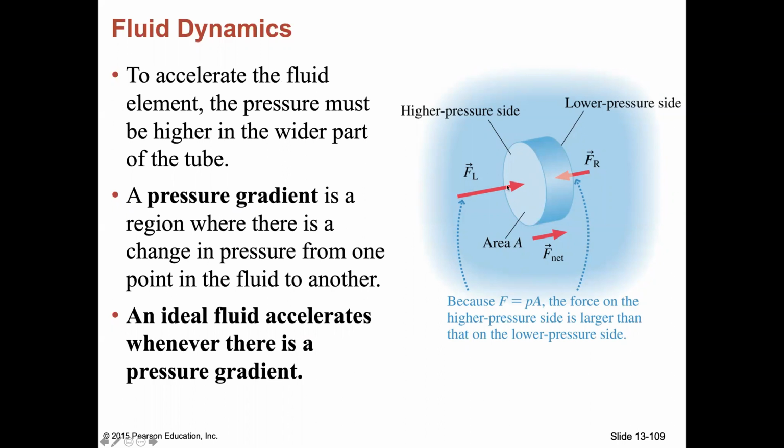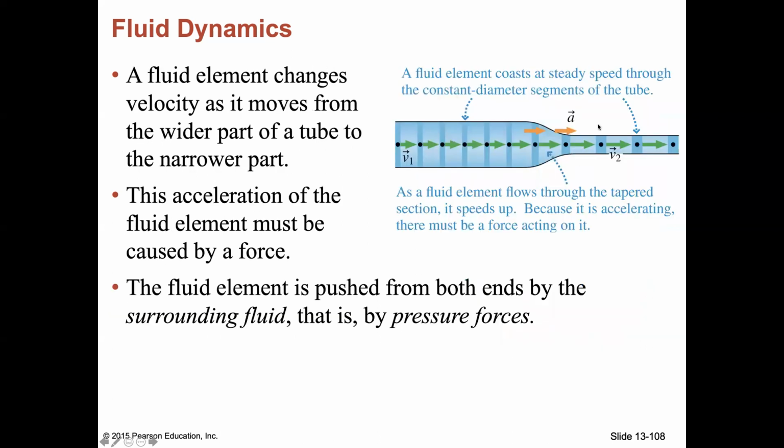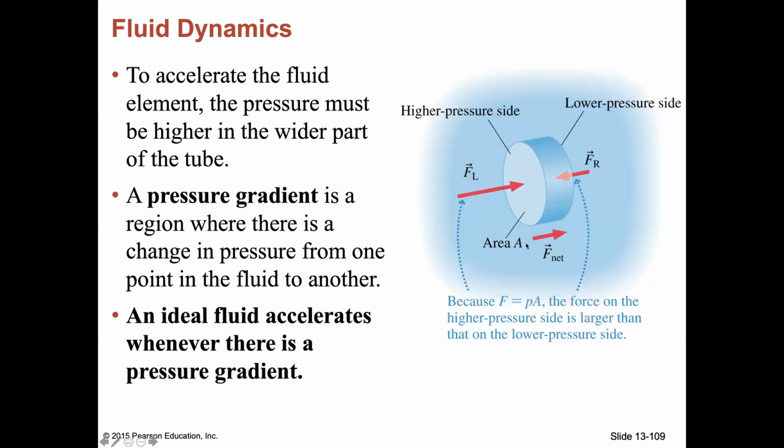So it has pressure on both sides. The pressure on the low speed side is pushing it forward, and the pressure on the right side is pushing it back. And we know the acceleration is going to the right so that it can get faster. So the net force should go to the right.